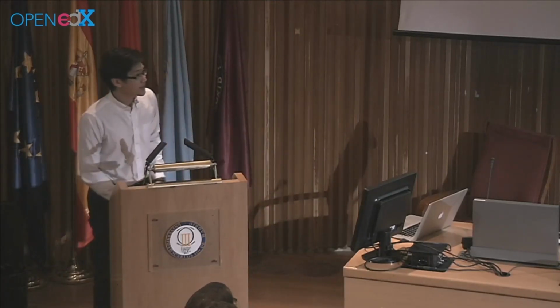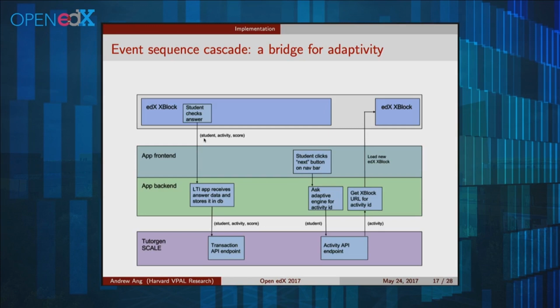To dive a little into the details of what actually happens behind the scenes when someone clicks a next question in the XBlock, first I'll talk about what happens when they submit an answer to a question. The student checks the answer. The JavaScript detects the score.